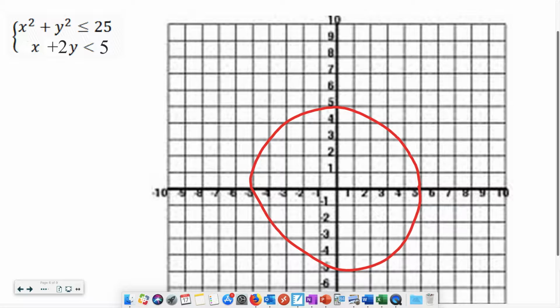X squared plus y squared equals r squared is a circle centered at the origin. That is a terrible circle. I'm going to go ahead and fix it. Okay, so I graphed the equation. I made it an equal sign and I graphed the equation. Okay, how do I figure out where to shade?